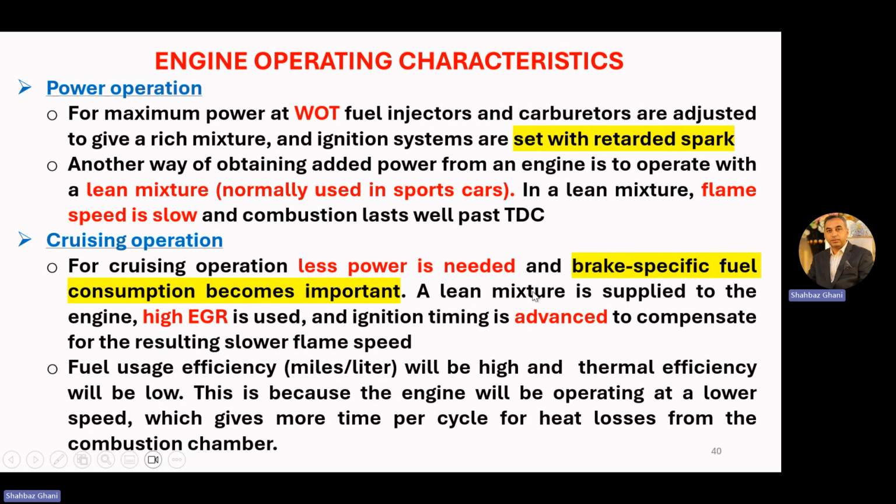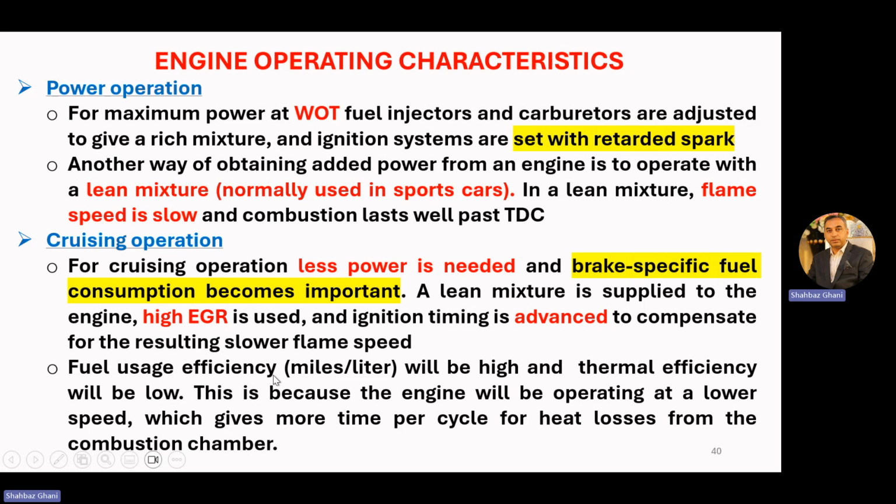Here, in power operation at wide open throttle, the ignition system is set with retarded spark plugs, but here we are advancing the ignition timing to compensate for the slower flame speed.